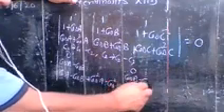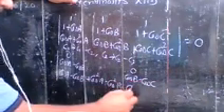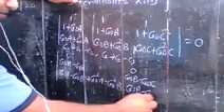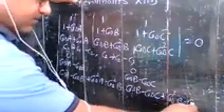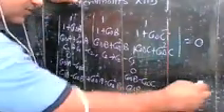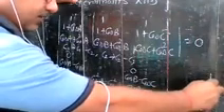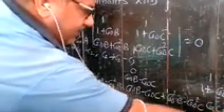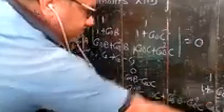Cos B minus cos C, plus cos square B minus cos square C, and your third column is 1 plus cos C and cos C plus cos square C, is equal to 0.